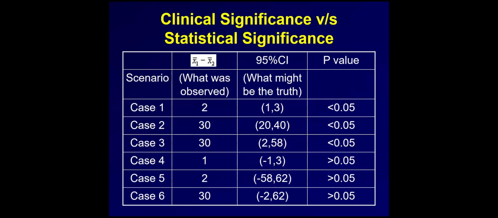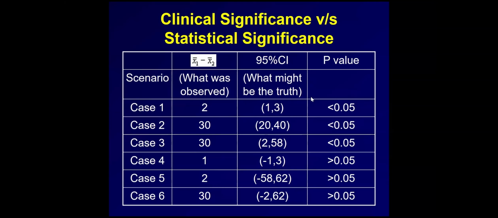What you find is there was a 2 millimeter Hg reduction in blood pressure after structured physical activity. The confidence interval is 1 to 3, and the p-value is definitely less than 0.05.